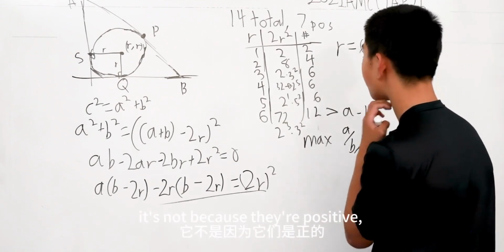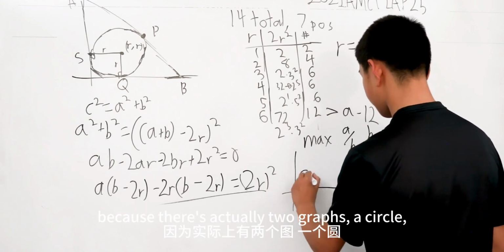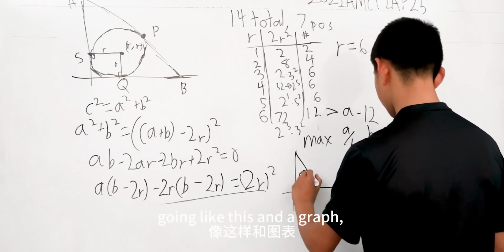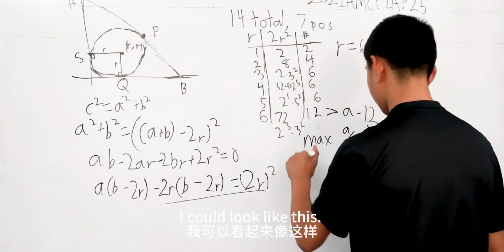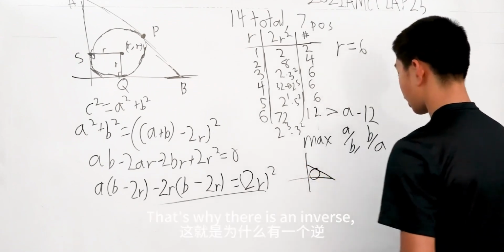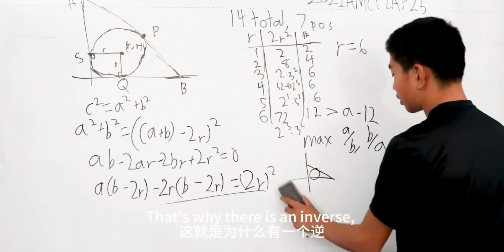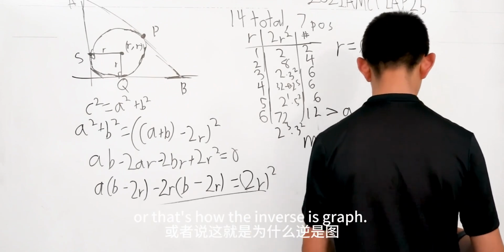It's not because they're positive or negative. It's because there's actually two graphs: a circle going like this, and a graph that could look like this. That's why there's an inverse, or that's how the inverse is graphed.